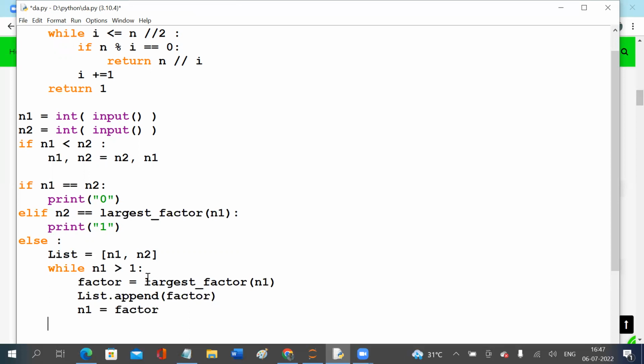Now, similarly, while n2 is greater than 1, find out the factor. I just copy paste and replace n1 with n2.